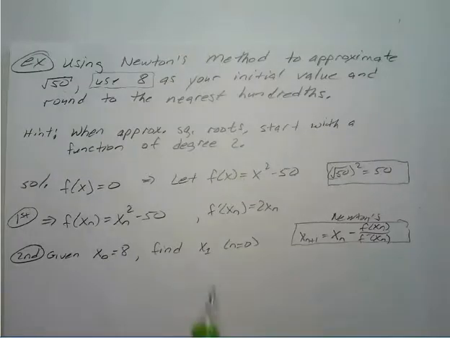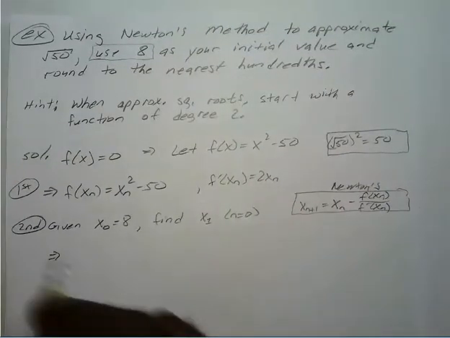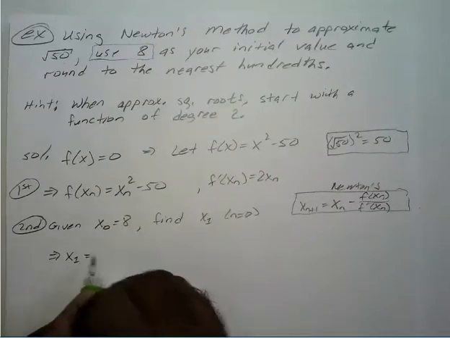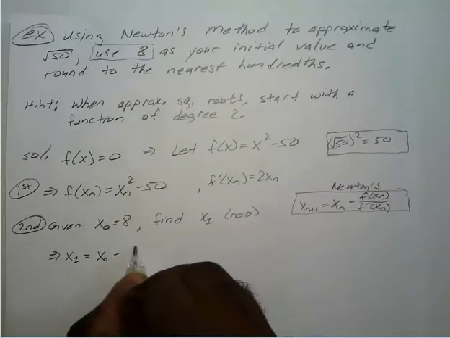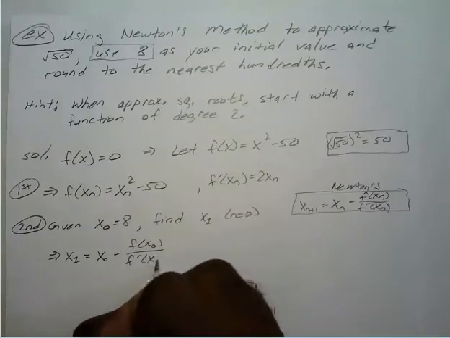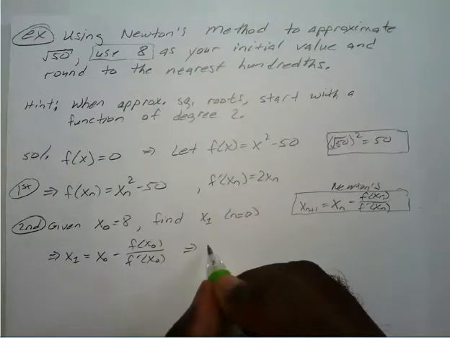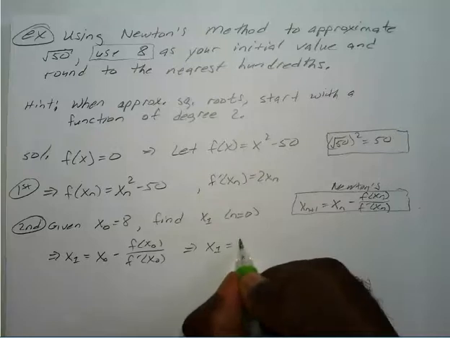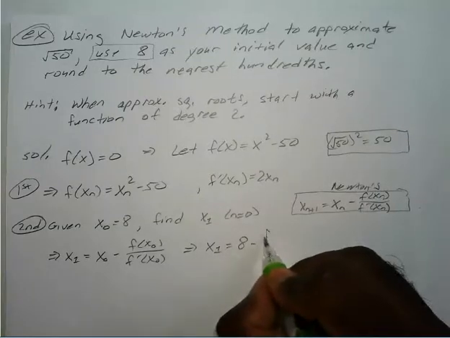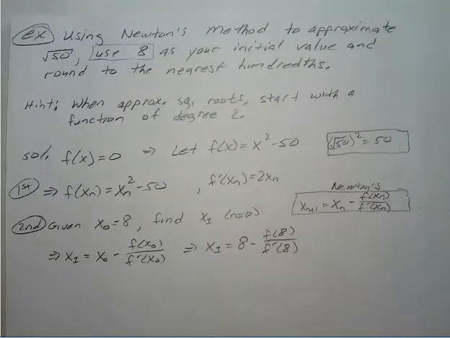All right, so we go ahead and find our x of 1 when n is equal to 0. So x of 1 is equal to x of 0 minus f of x sub 0 over f prime of x sub 0. Okay, so it means your x of 1 will equal 8 minus f of 8 all over f prime of 8.